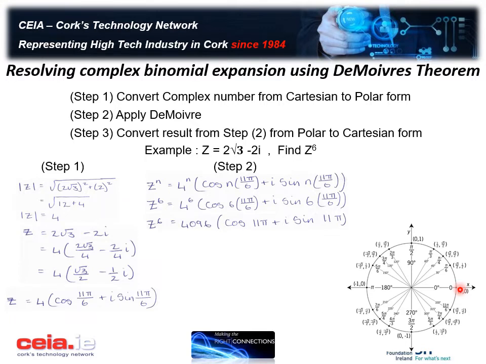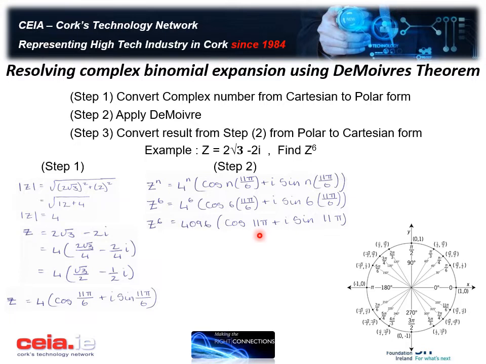So full revolutions are units of 2 pi. In this case, we were being asked to find cosine and sine of 11 pi. 1 revolution is 2 pi, 2 revolutions is 4 pi, 3 revolutions is 6 pi, 4 revolutions is 8 pi, 5 revolutions is 10 pi.